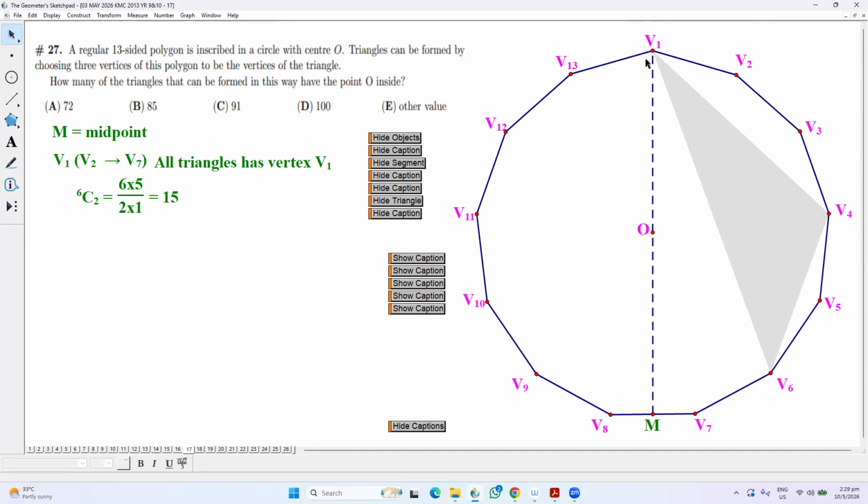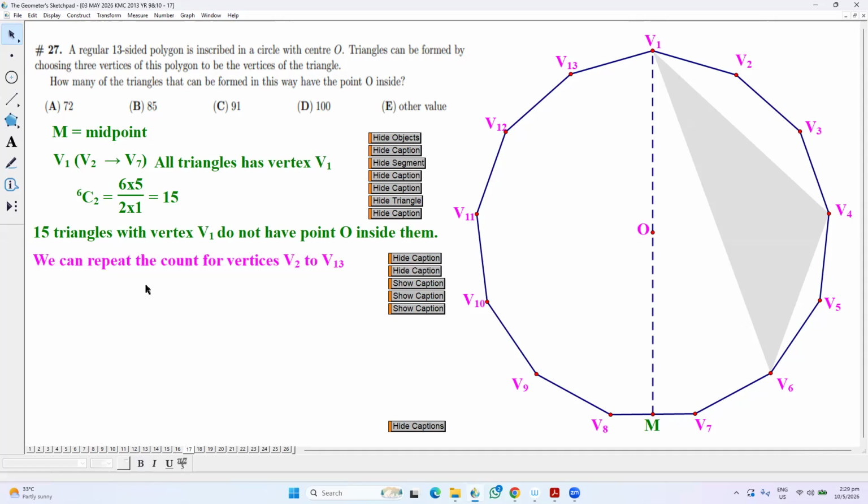So we can use the same reasoning and say, now I always want to have V2 only. Then we join a midpoint, another line, like that. So you can repeat the counting. 15 triangles with vertex V1 do not have point O inside them. O is always outside. So we repeat this idea for V2. Then every triangle will have V2. So there's no overlap.